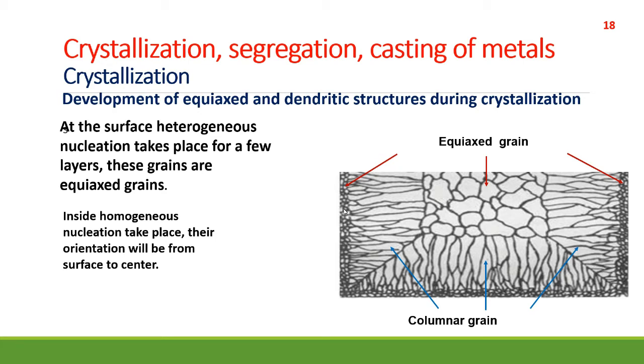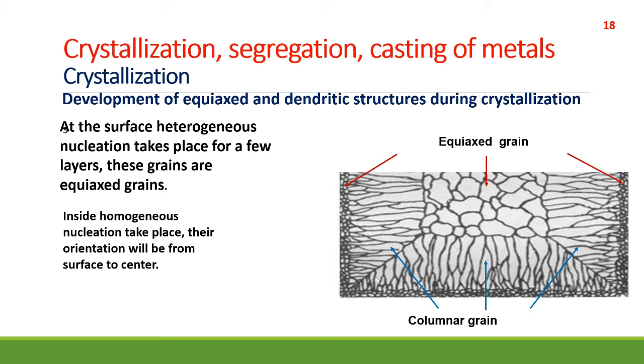So let's see what happens next and how it's happening here. As I told, the heterogeneous nucleation will always take place at the boundary or the wall of the container. But what happens after a certain layer is that there will be no equiaxed grain. At this position, the heterogeneous nucleation has stopped and homogeneous nucleation has started playing the role.